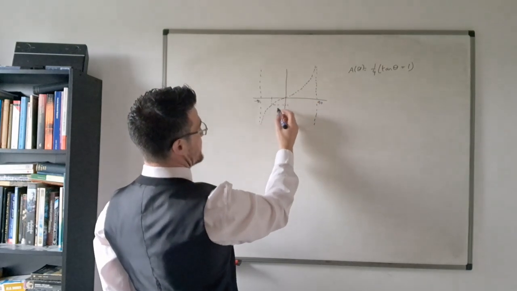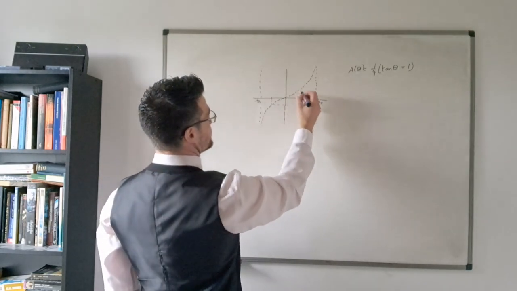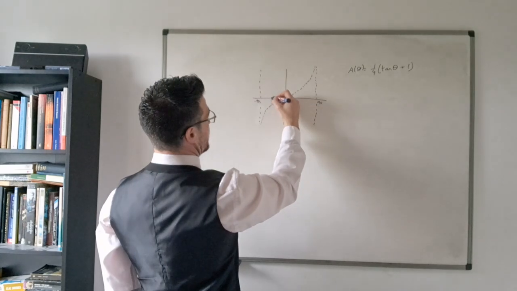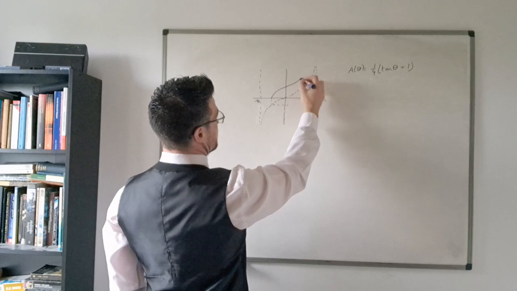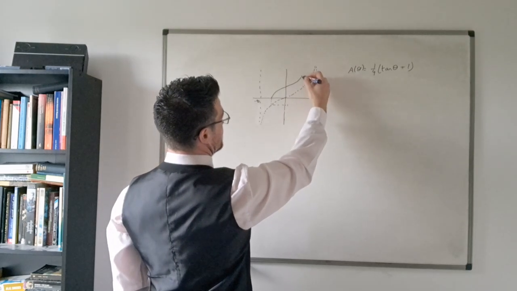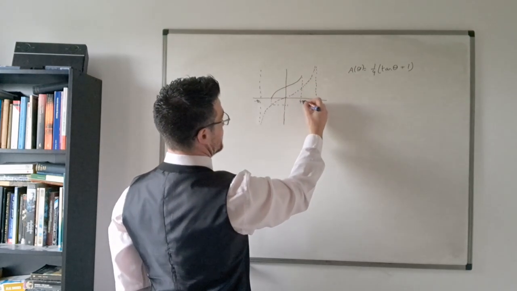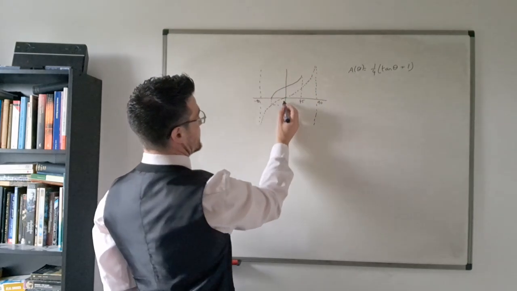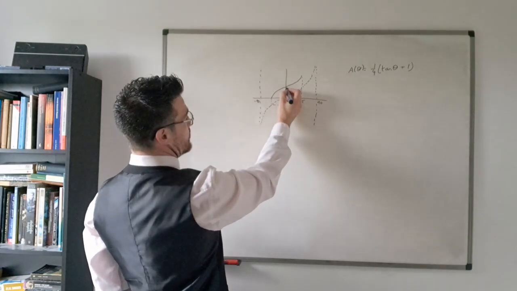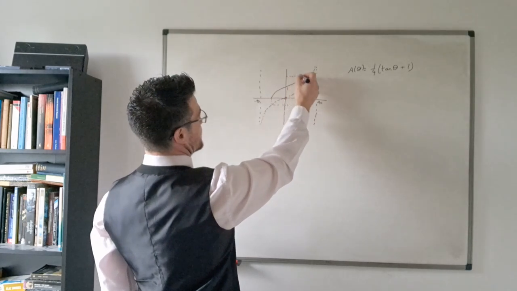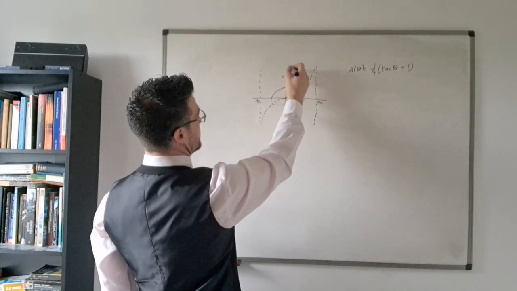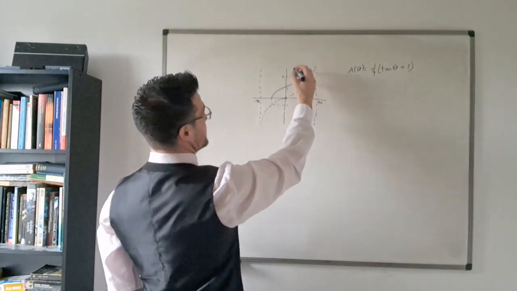So when I translate the whole thing up, I'm going to get a graph that looks something like this. So that's going to be at 45. So it's going to be 0 here. It's going to cross the y-axis at 1, and it's going to have a maximum here at 2, or it's going to tend towards a maximum at 2.